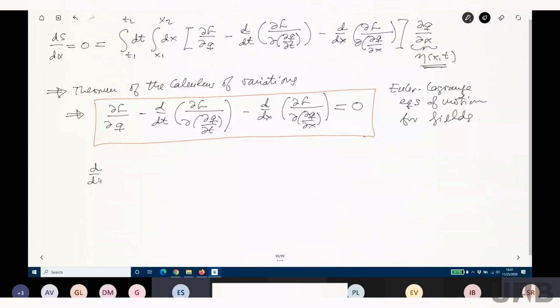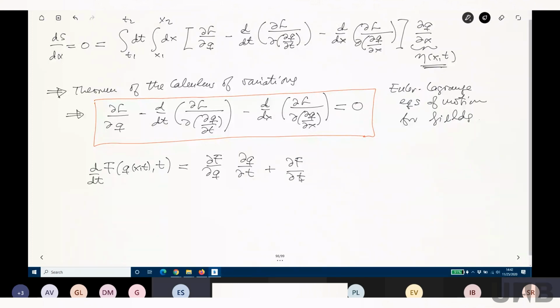If I do d dt of f of q, x, t, and t, what I mean is partial of f with respect to q, partial of q with respect to t. And this is partial, and there is another term. This is partial because q depends on x and t. And then I have partial of f with respect to t, right?